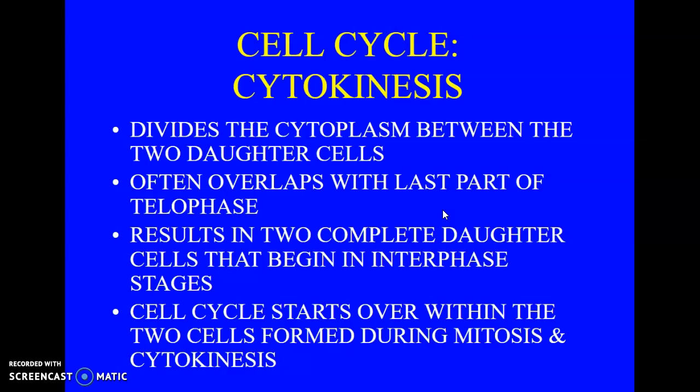Number 2, the amount of DNA doubles during the S stage of interphase. 3, during prophase, the chromosomes become visible. 4, during metaphase, the chromosomes align themselves in the center of the cell at a region called the equator. 5, during anaphase, the chromatids move away from the center of the cell toward the opposite poles. 6, during telophase, the cells have 2 sets of chromosomes located at opposite poles of the cell, and cytokinesis begins.